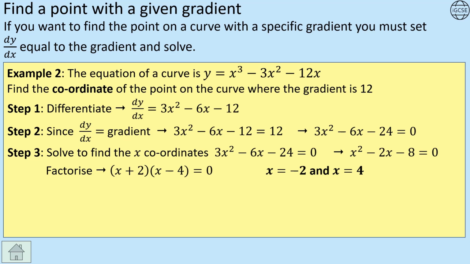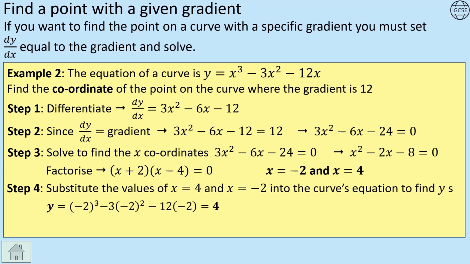So I need to repeat what I did in the previous one, but I need to do it twice now. I need to substitute minus 2 into the original equation, then I need to substitute 4 into the original equation, and it's going to give me two coordinates where the gradient is 12.